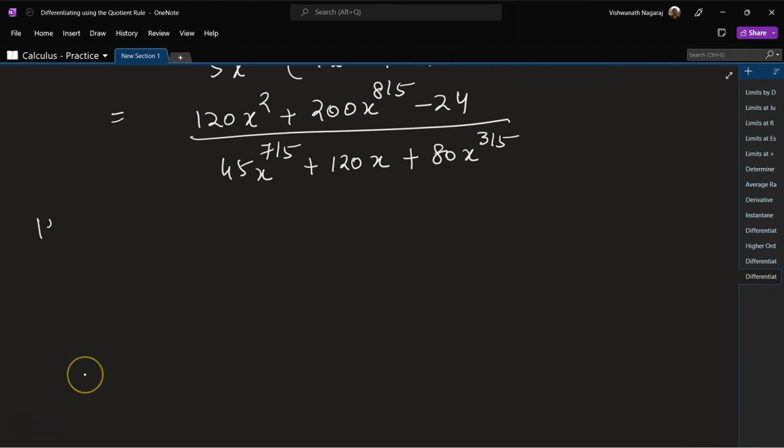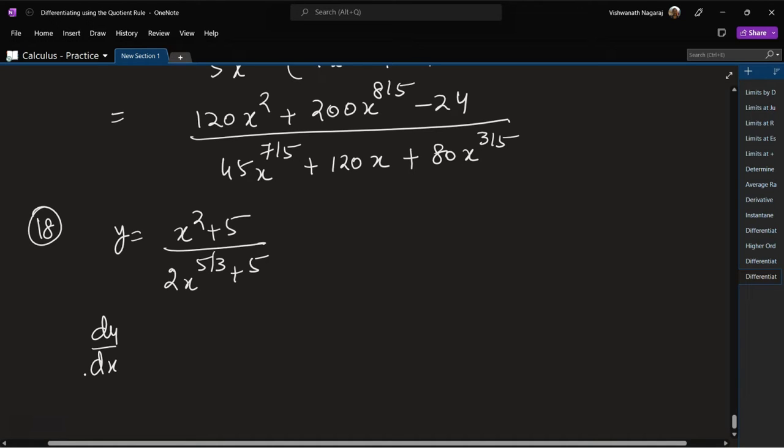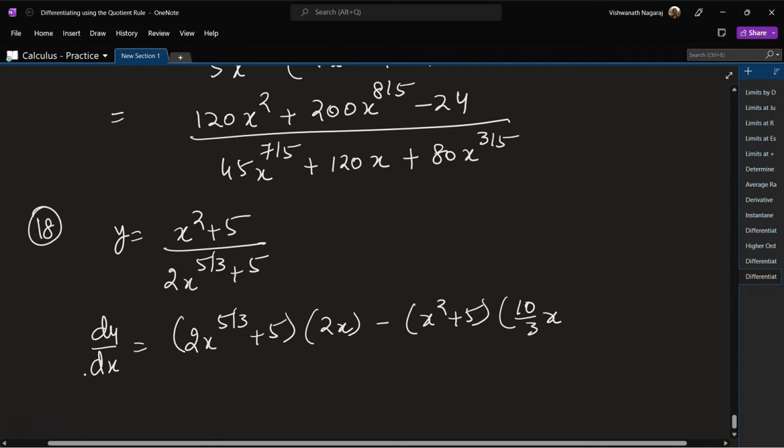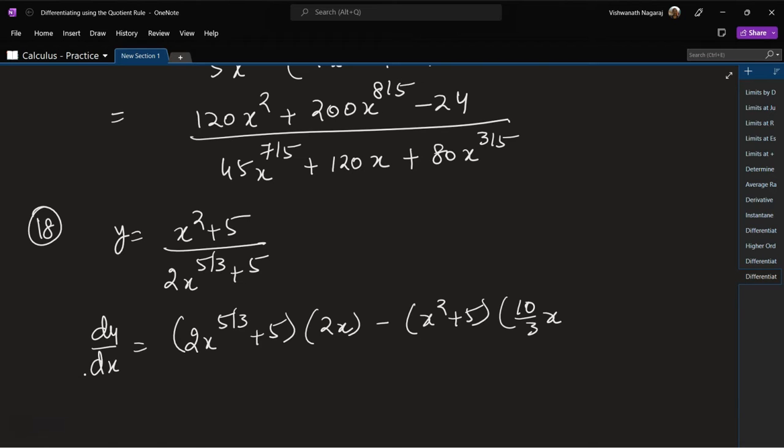And finally the 18th one, y is equal to (x square plus 5) by (2x to the power of 5 by 3 plus 5). So dy by dx is equal to (2x to the power of 5 by 3 plus 5) times 2x, minus (x square plus 5) times 10 by 3 x to the power of 5 by 3 minus 1.